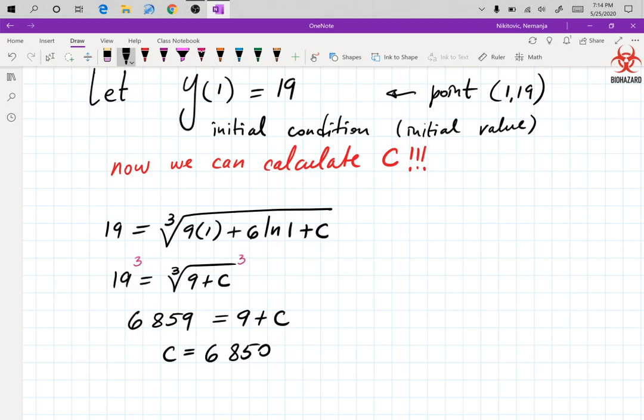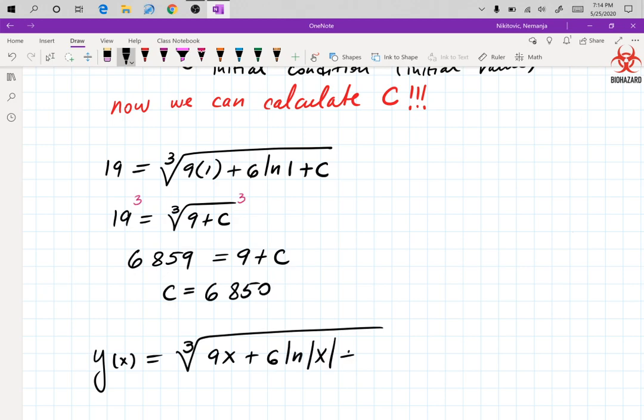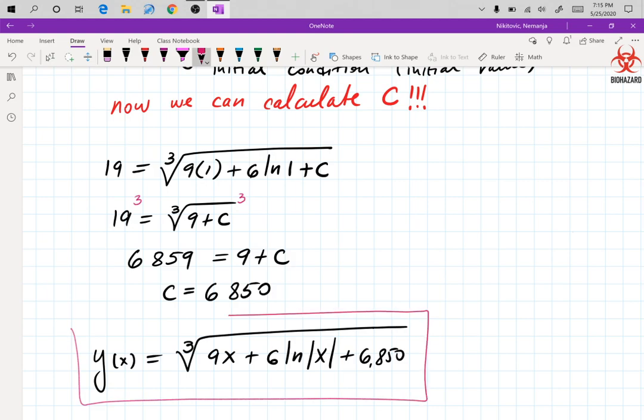Now you have the value for C, and now you can write that y of x, your function, is cube root of 9x plus 6 ln of x plus 6,850, all under the cube root.